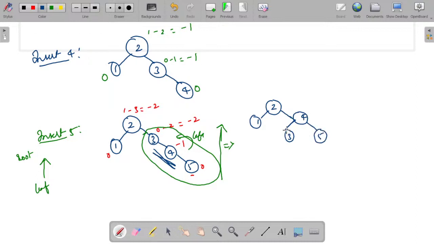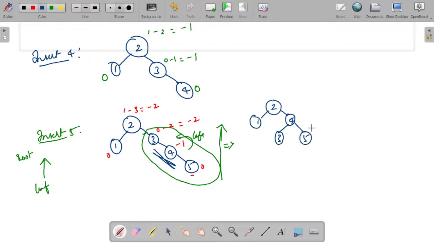So now we have performed the rotation operation, right? So 4 goes up, 3 is pushed down, and 5 stays as it is.